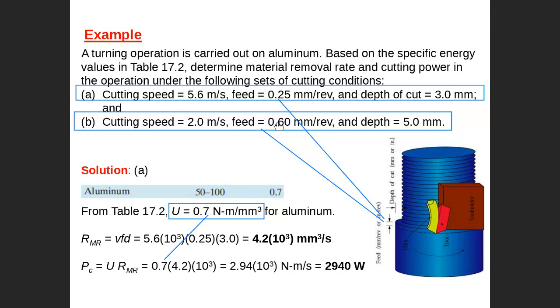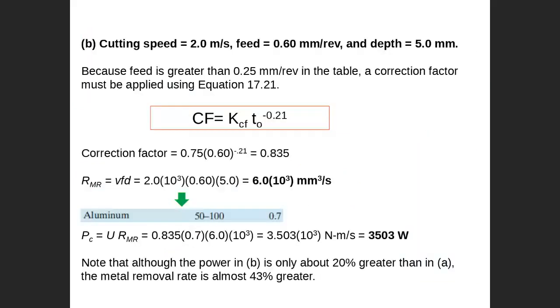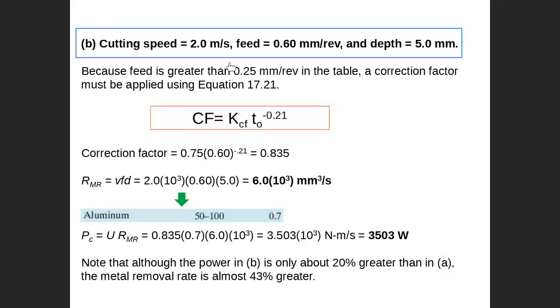Second case, if t0 is equal to 0.6, which is B. What are you going to do with that? In this case, if the feed is 0.6, we must calculate the correction factor.